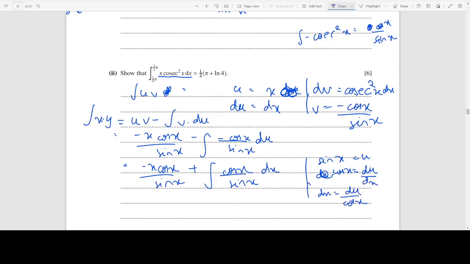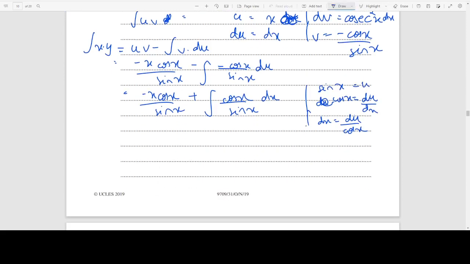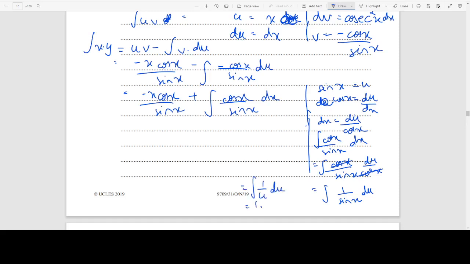So the integral of cos x upon sin x dx is equal to the integral of cos x upon sin x du upon cos x. Cos gets cancelled. We have the integral of 1 upon sin x du. 1 upon sin x is basically 1 upon u. So we have the integral of 1 upon u du, which is ln u. And u was sin x.